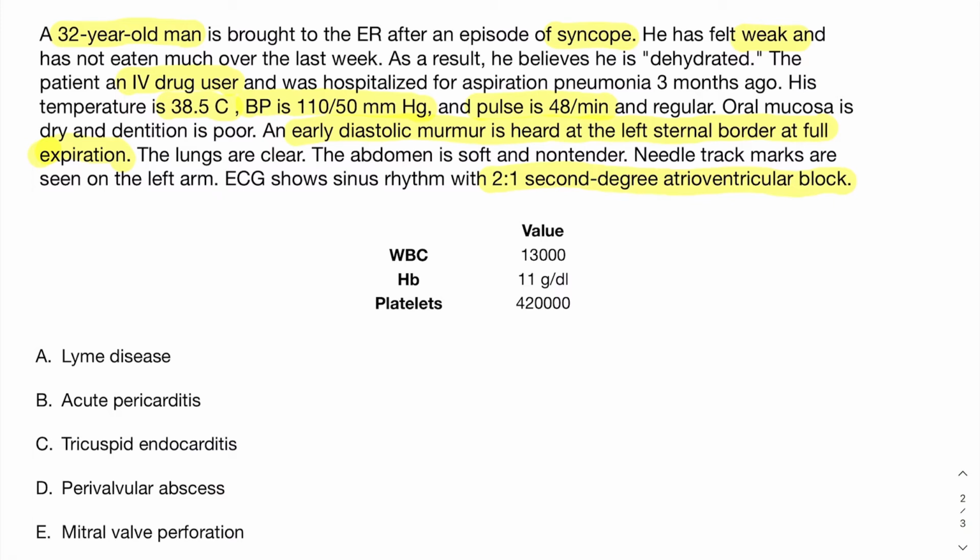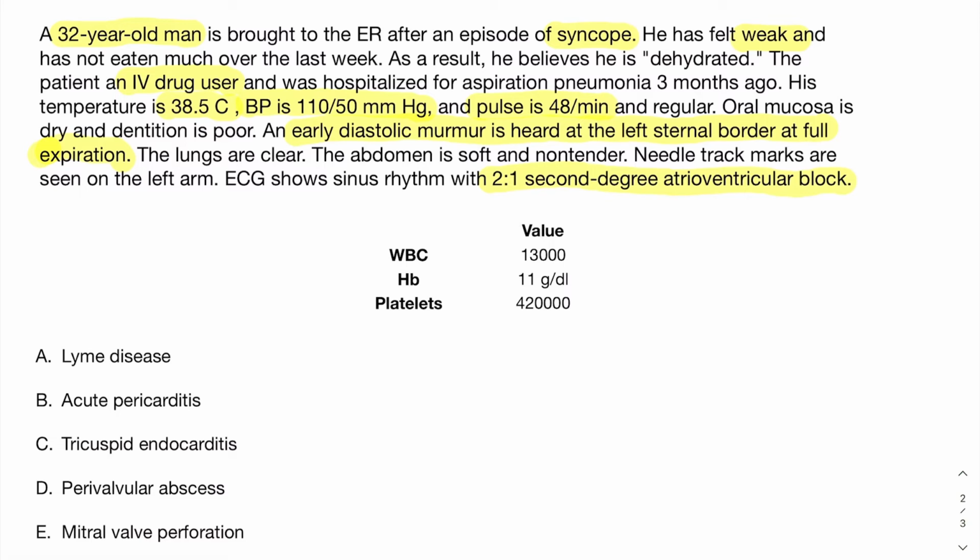So what do you think of Lyme disease? Okay, if I had only 30 seconds left and I only read the very last sentence, I'd go like, oh, AV block, so I might actually go and pick Lyme disease. Yeah. But why can't it be Lyme disease? Alright, so first of all, he doesn't have the other symptoms of Lyme, the skin manifestations, or the areas that are more likely to have exposure to Lyme disease.